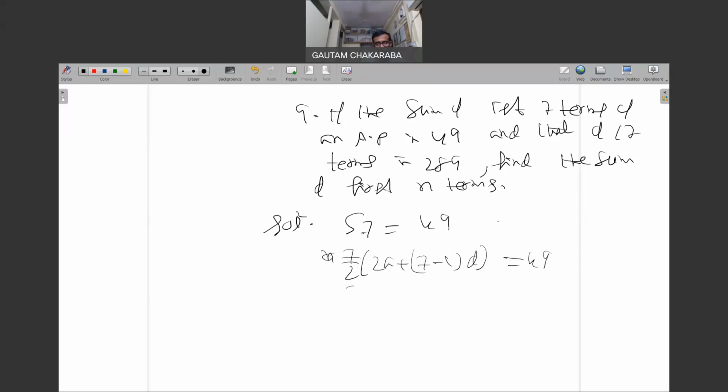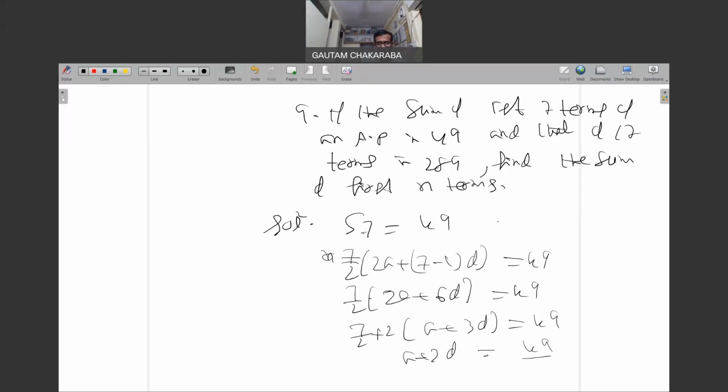So 7 by 2 into 2a plus 6d is equal to 49. Take 2 common: a plus 3d, 2 cancels, a plus 3d is equal to 49 divided by 7, that is 7. This is equation 1.